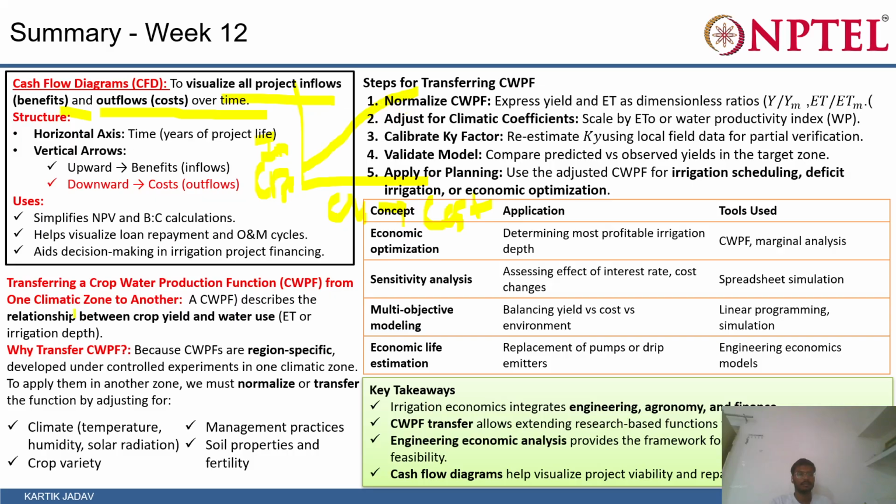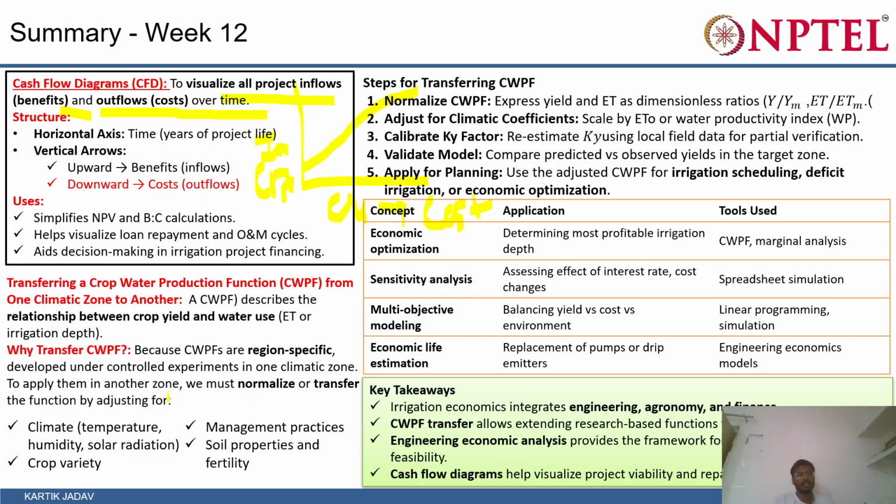Then we've also talked about transferring the crop water production function from one climatic zone to another. It describes the relationship between crop yield and water use. Why do we need this? Because the crop water production function is region specific and developed in a controlled experiment in one climatic zone.